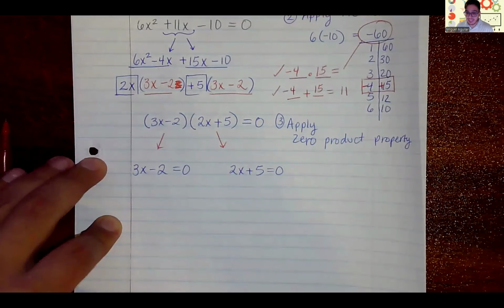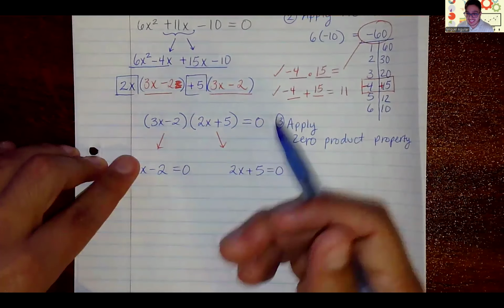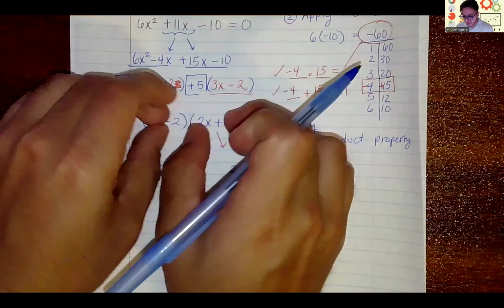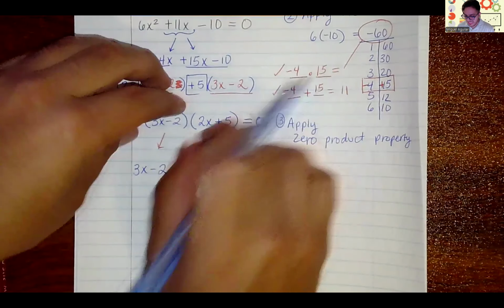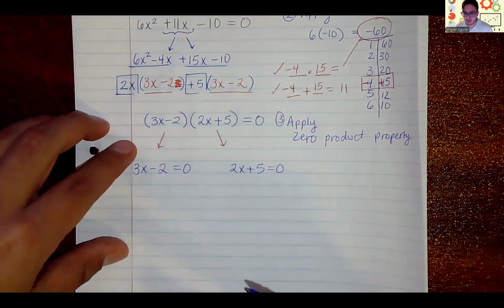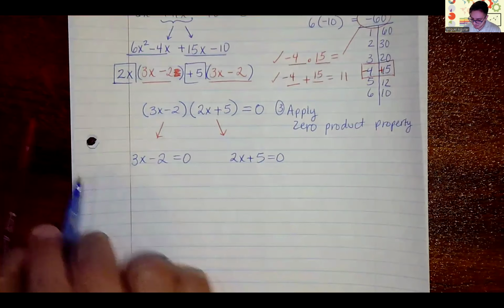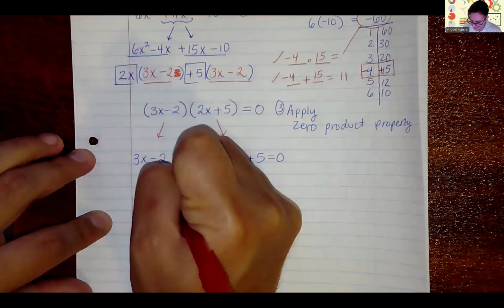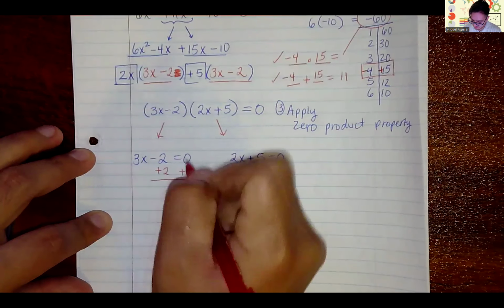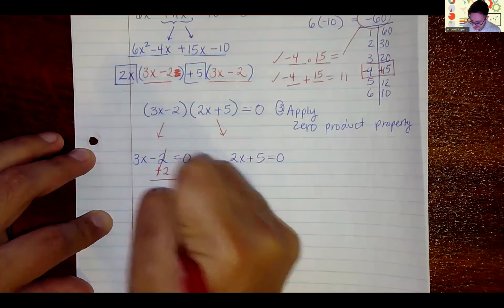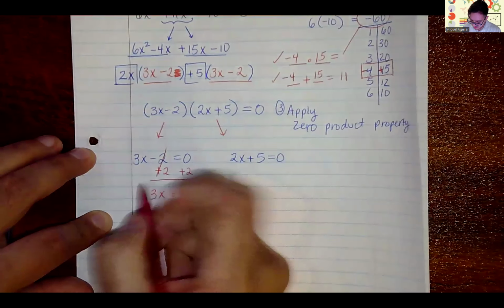So knowing that, we should be able to solve for x, since we know that one of these factors as a whole must equal 0, okay? So now we can solve for x simply by adding 2 to both sides of this equation. Then we'll get 3x is equal to 2. Divide by 3.